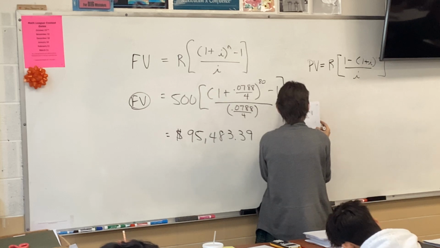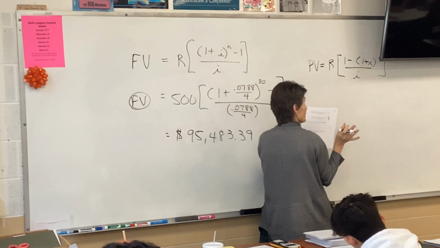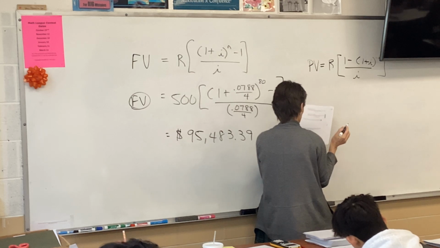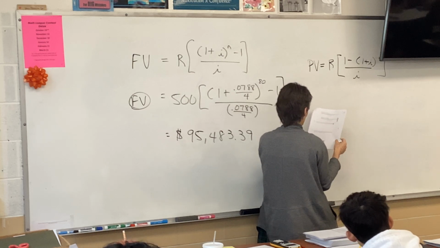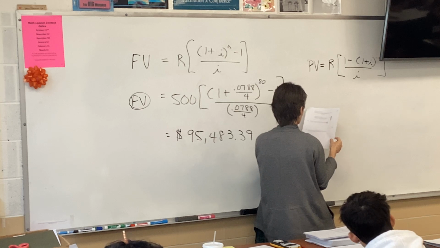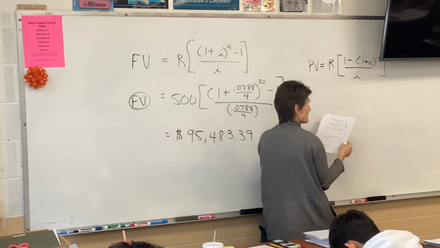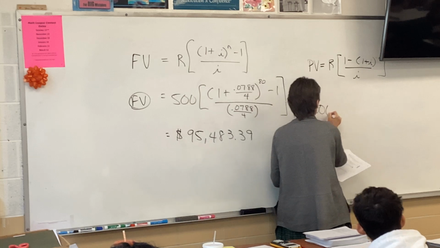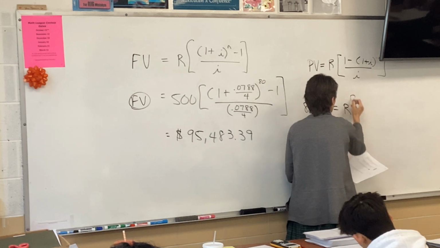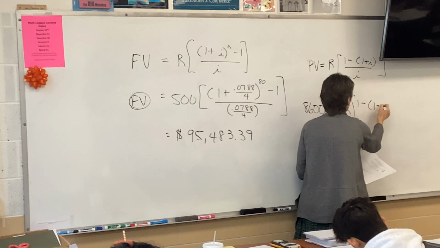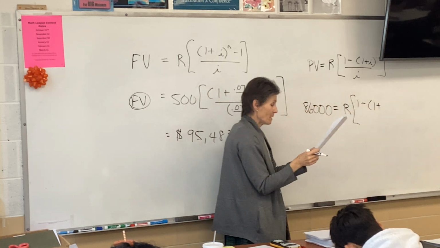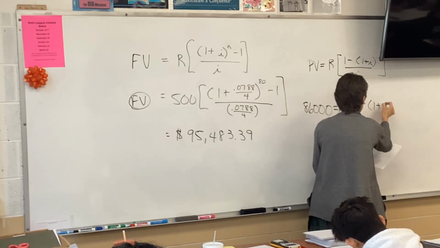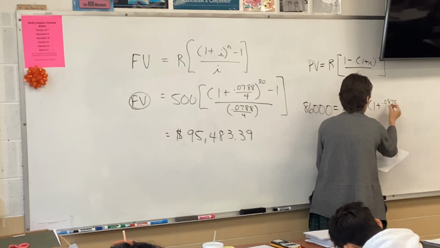All right, let's plug in the numbers and then you can go to lunch. We're doing this for 30 years. 86,000 house loan. Where does the 86,000 go? PV. That's the present value of the loan. You're paying it off. We do not know the amount of the payment, but we know the interest rate is 0.0875.